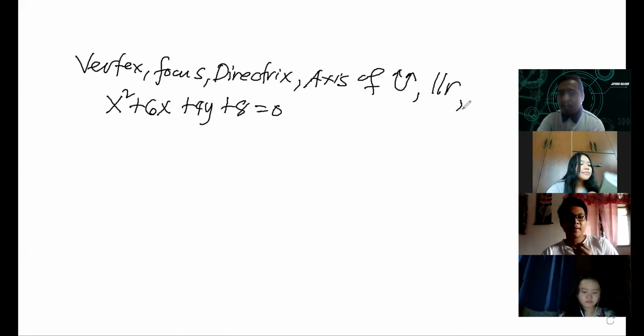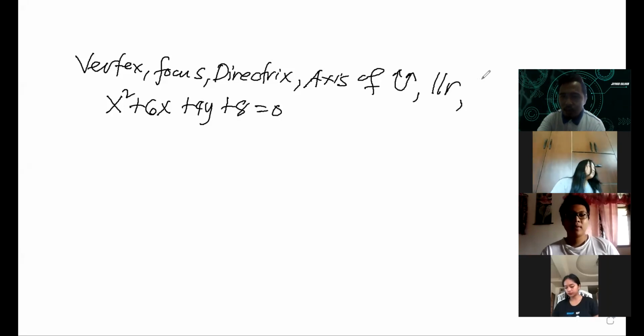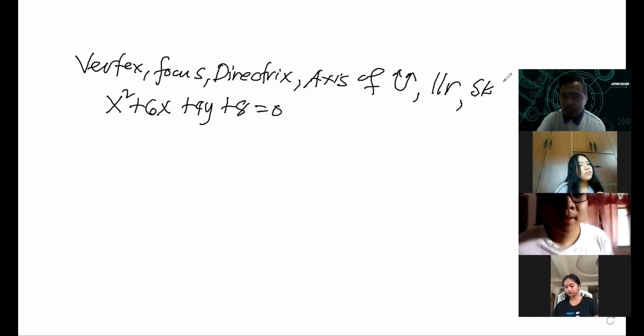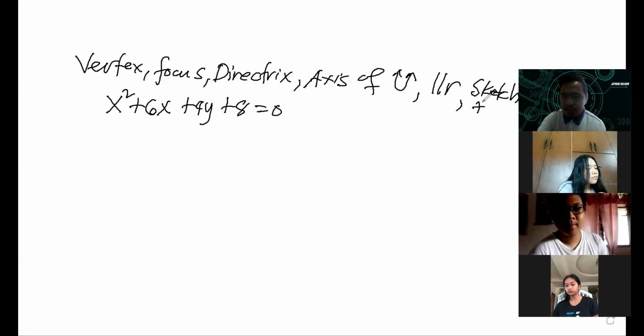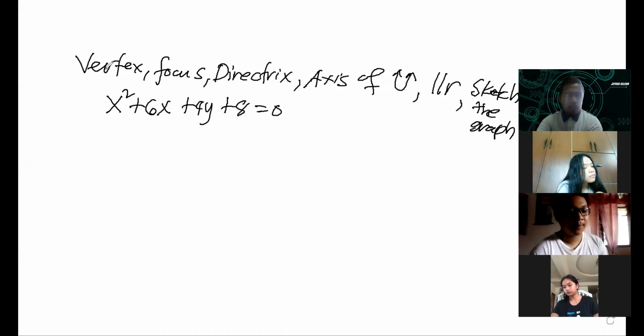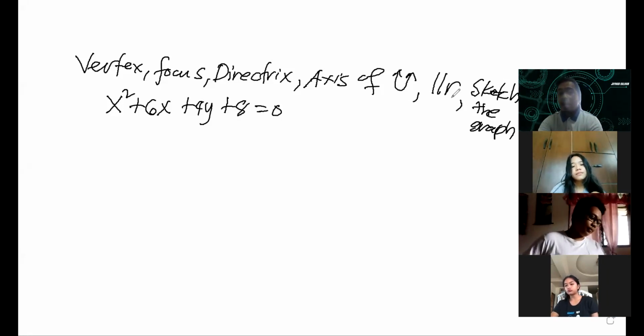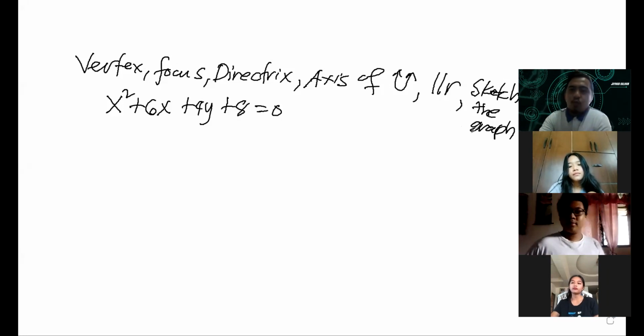Yes, sir. What is the formula for the length of latus rectum? Absolute value of 4p. And the last thing that you do is to sketch the graph. So these are the things that we need to do: find the vertex, focus, directrix, axis of the parabola, and length of the latus rectum, then sketch the graph.